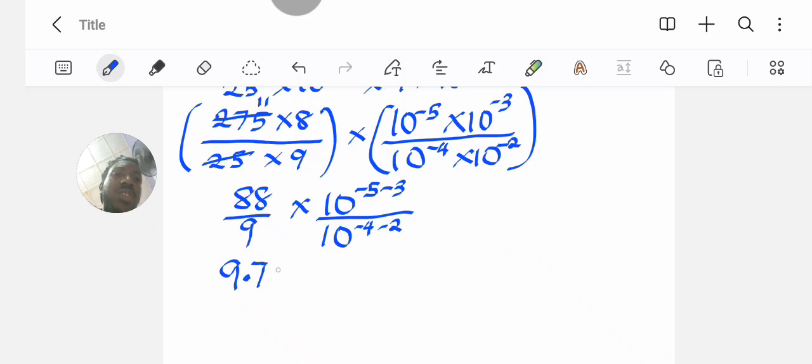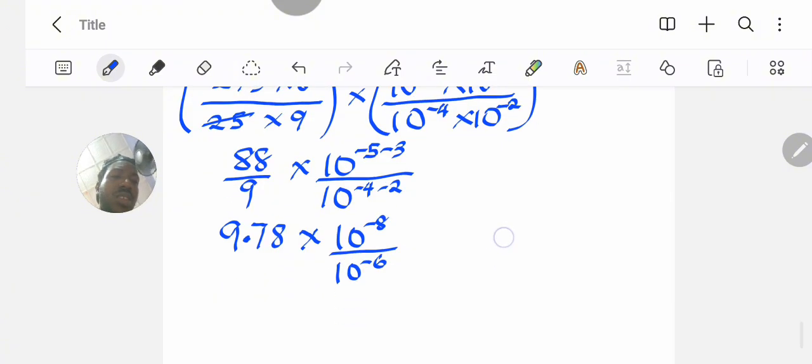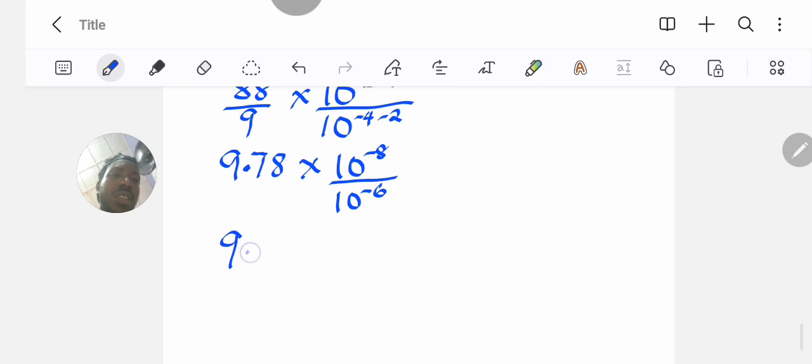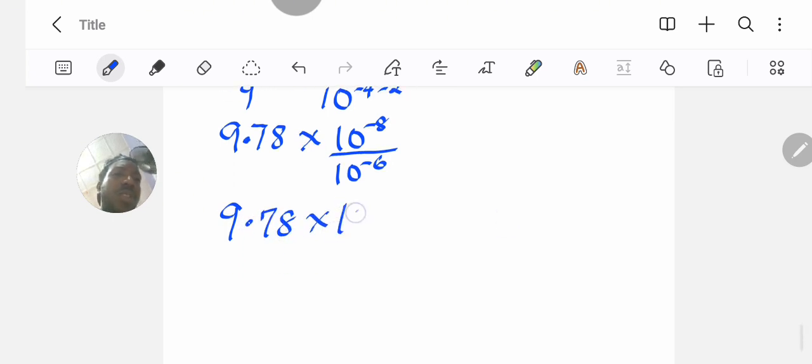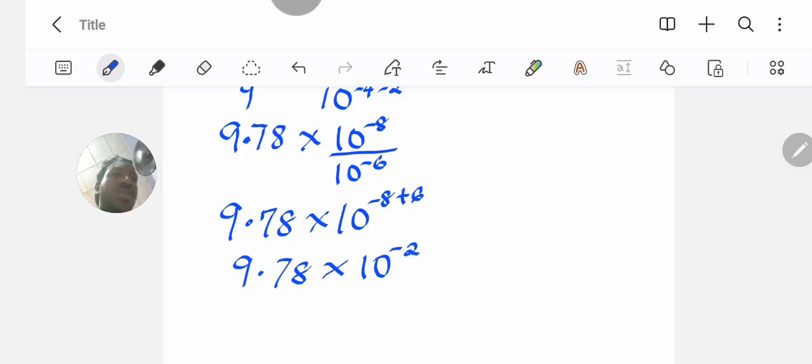So we can stop with 7, 8. So times 10 raised to the power, this is minus 8 over 10 raised to the power minus 6. And if this comes up, we have 10 raised to the power of minus 8 plus 6. And that will give 9.78 times 10 raised to the power of minus 2.